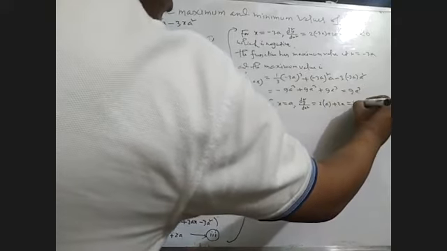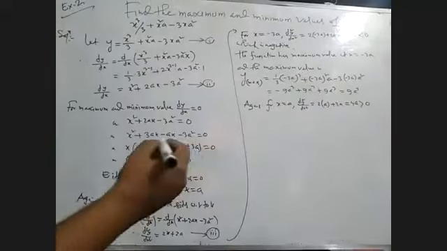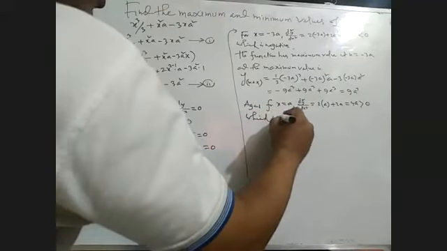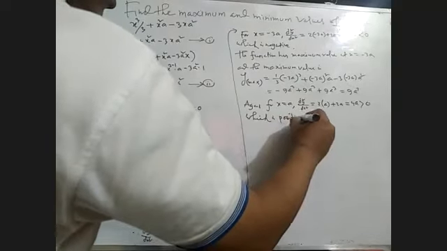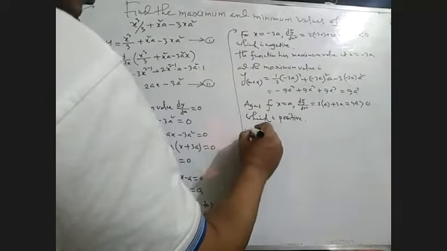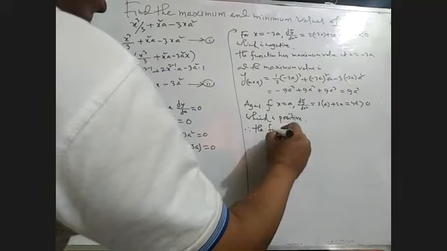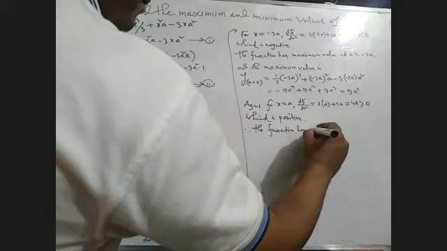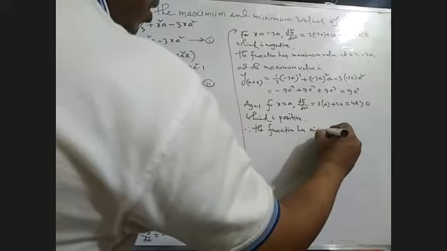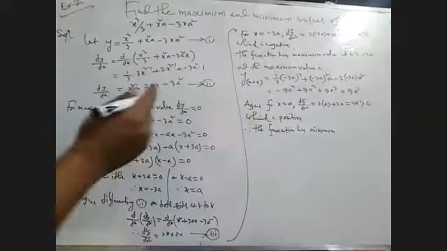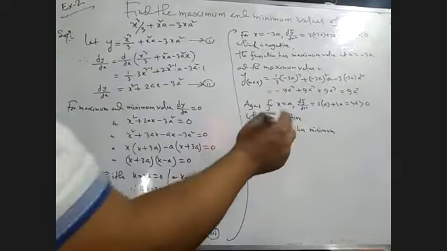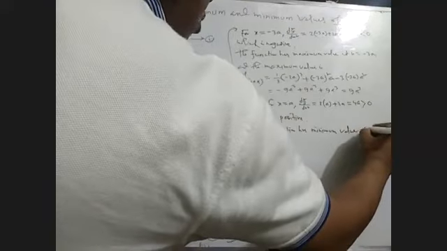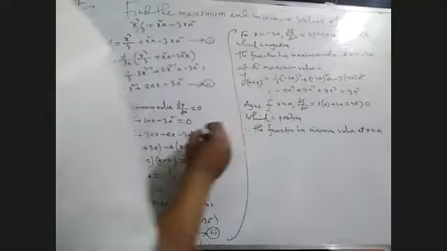This equals to 4a, which is positive. Therefore, the function has minimum value at x equals to a. In the second derivative test, if it is positive, we get minimum value.